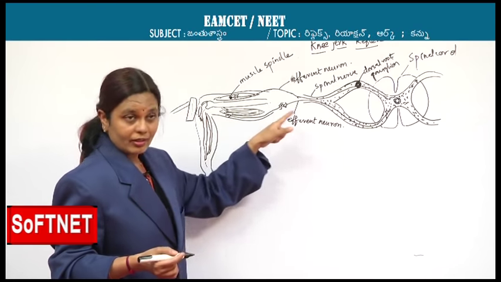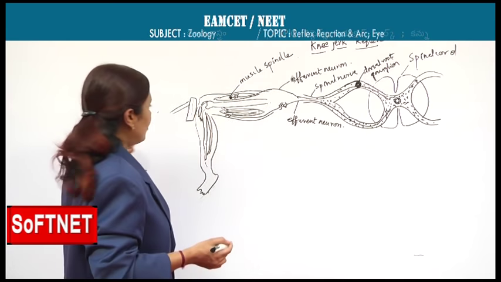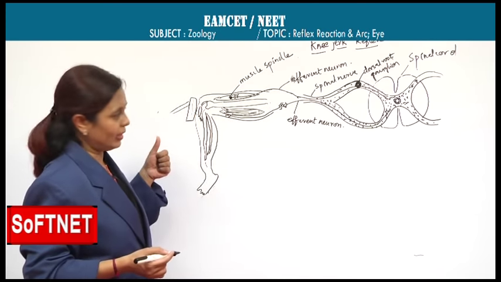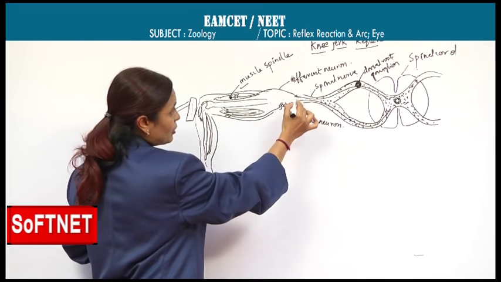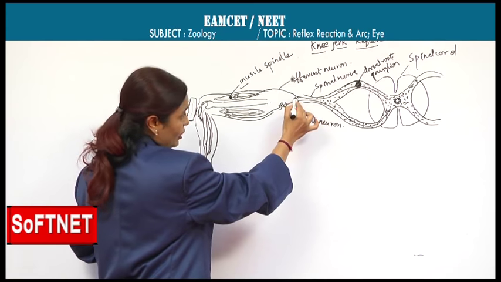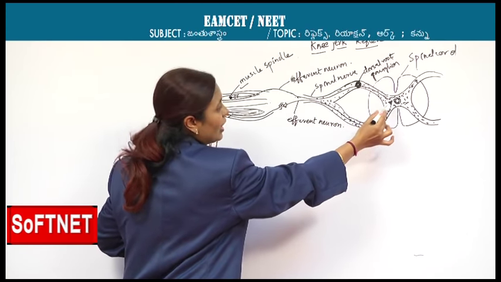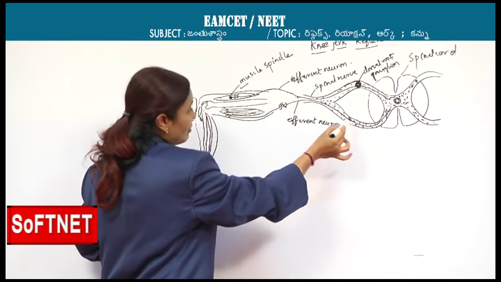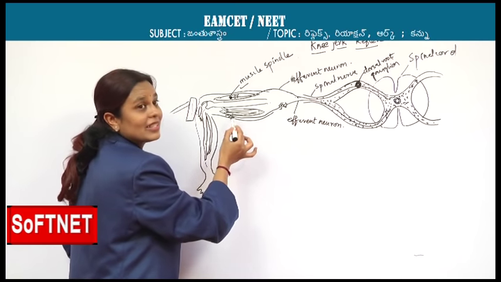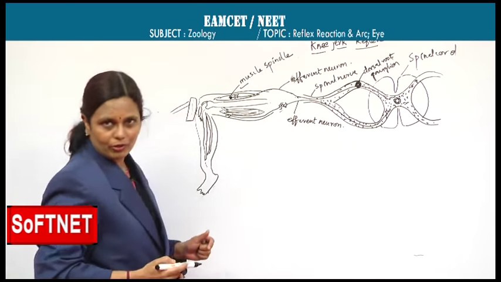The entire nerve impulse during this reflex reaction, when something hits the knee, travels from the muscle spindle through the afferent neuron to the central nervous system, that is spinal cord, and from there the processed impulse goes back to the muscle, that is the effector, through the efferent neuron.